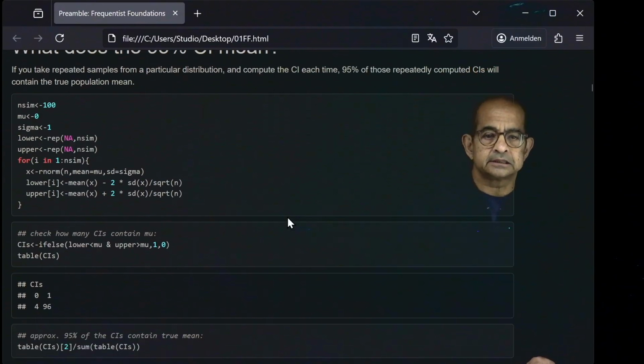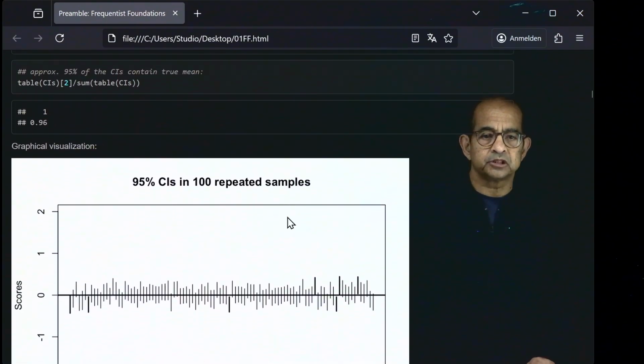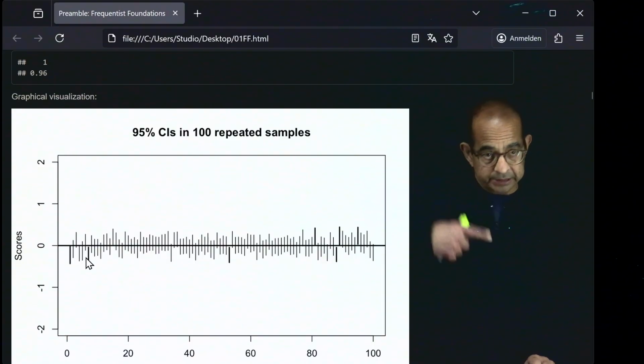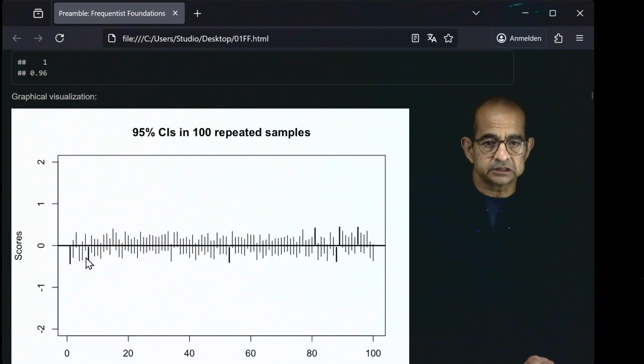So I'll just come back to this code in a moment, but let me show you a simulation that illustrates this idea. On the x-axis, you're seeing some 100 simulations, and each time I'm collecting some data from a standard normal distribution, so mean 0, standard deviation 1, and computing the 95% confidence interval each time.